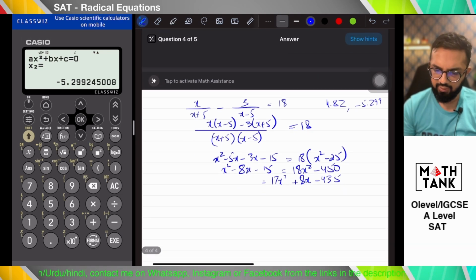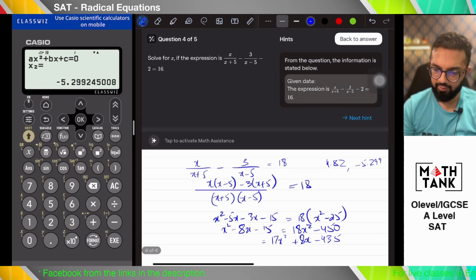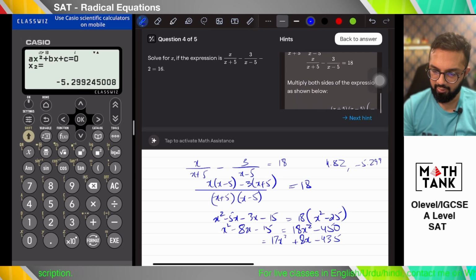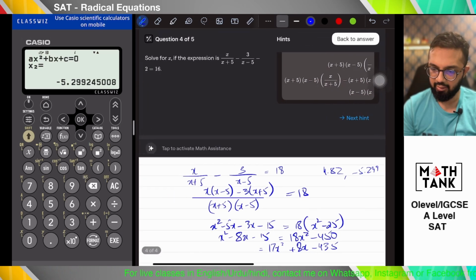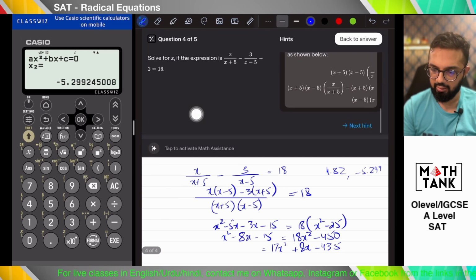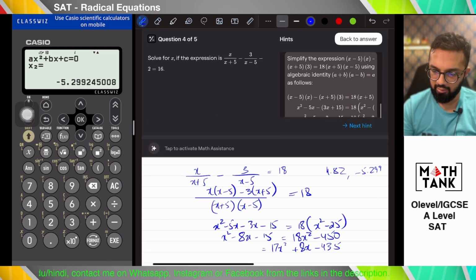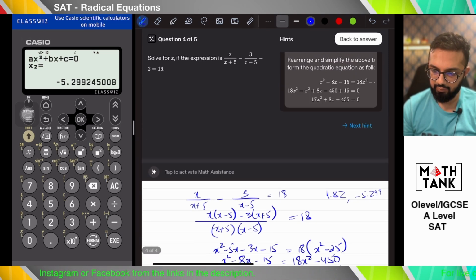I think I'm getting one of these numbers wrong. Let's check if we've done it correctly. I don't want to get this wrong. It's a simple expression, and I want to see if my numbers are correct, basically. Plus 8x minus 435. Yeah.